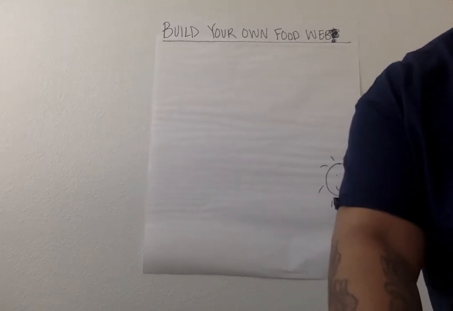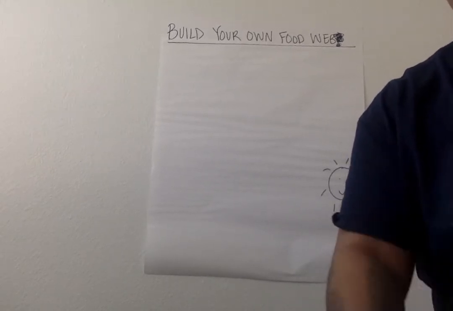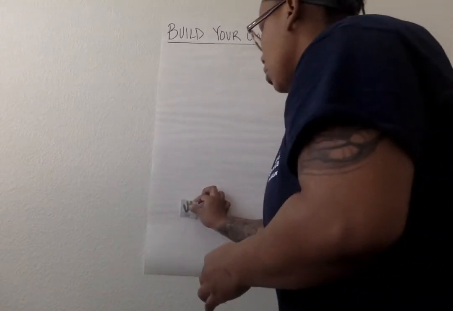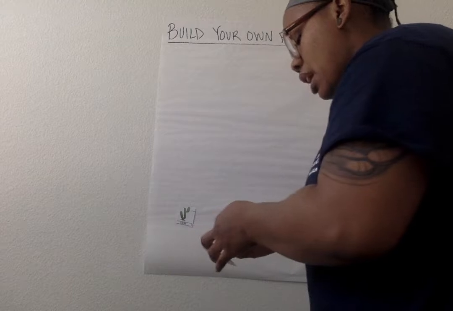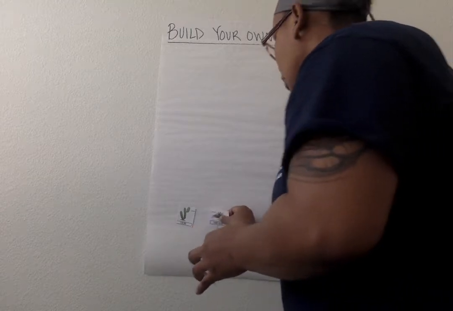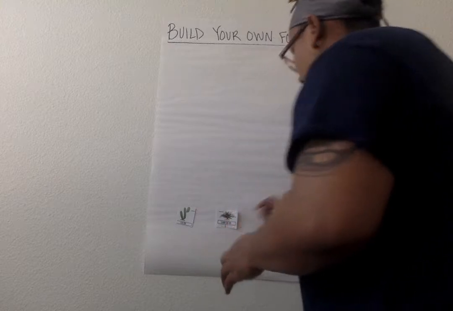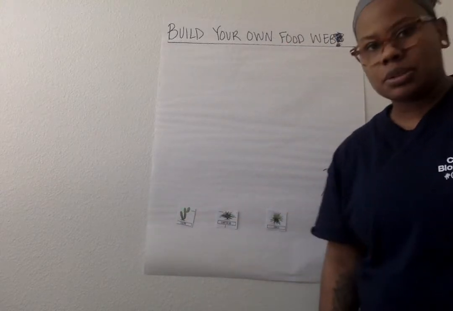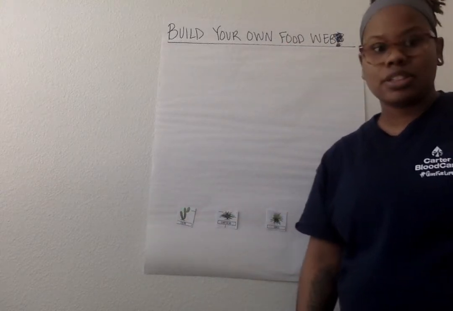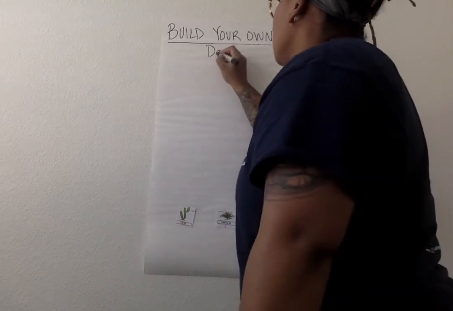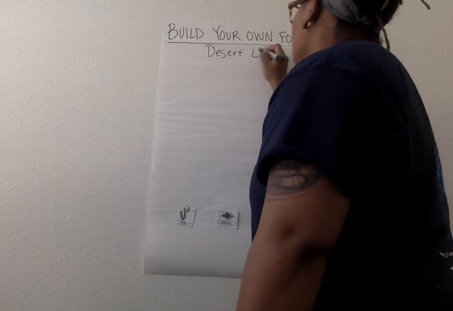And when you build your own food web, I want you to think about the ecosystem that you're building your food web from. Okay, so if I have a cactus and I have a star cactus and I have some grass, when we think of cactus, what ecosystem do we think about? The desert, right? So I'm going to call this my desert ecosystem.